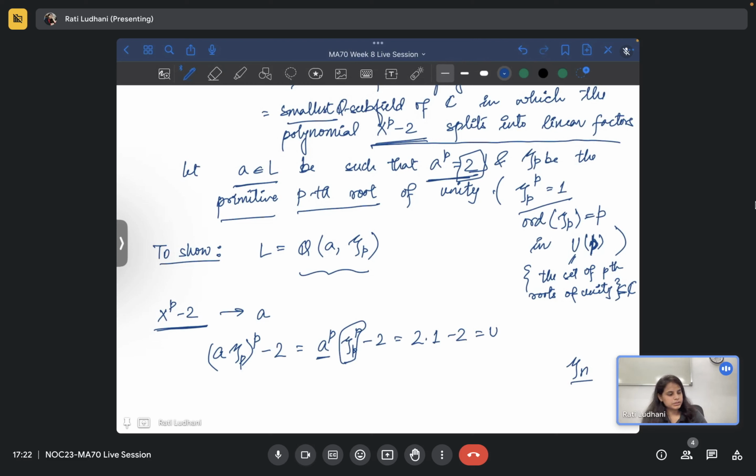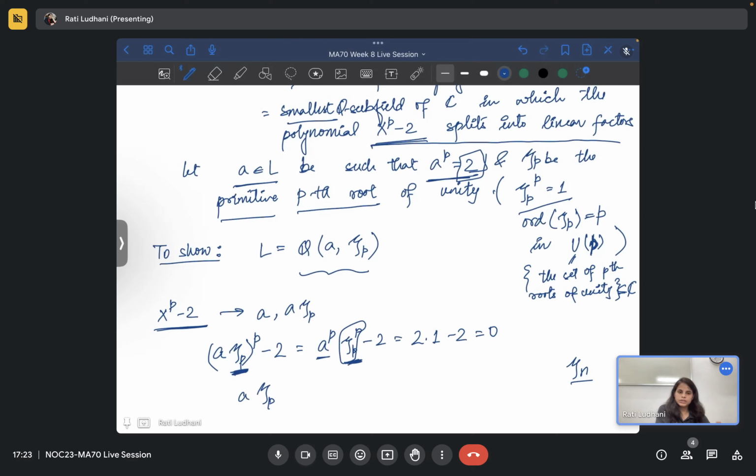So a is a root, and we have seen this is also a root. And what are all the roots we can check? If we have any pth root of unity in this place, its contribution, if we raise it to power p, will just give 1.